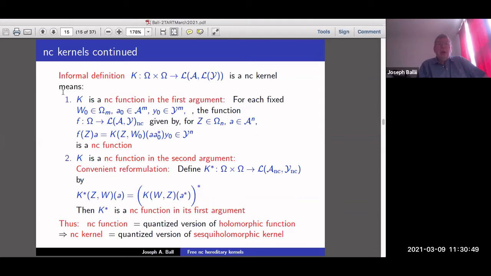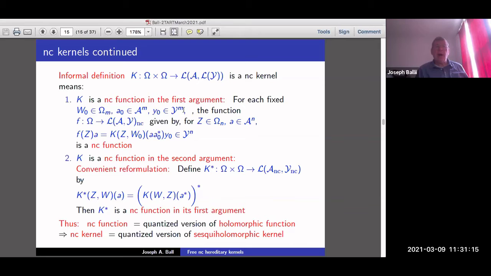It means that it should be a noncommutative function in the first argument. So by that, I mean we fix the second argument, but there are all these arguments around here. So I'm going to fix the W naught, the point at level M and omega. I'm going to fix A naught, which is a column over A, M entries.